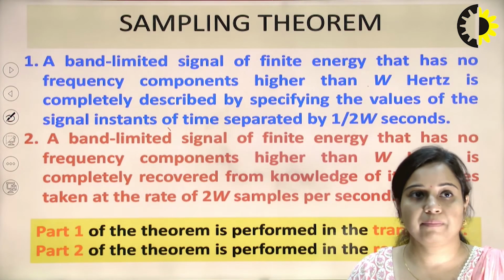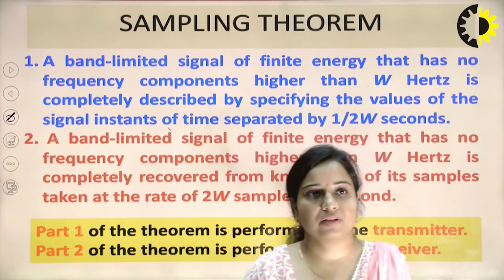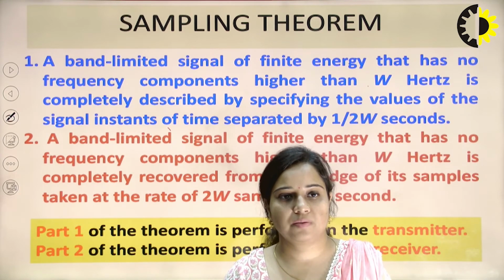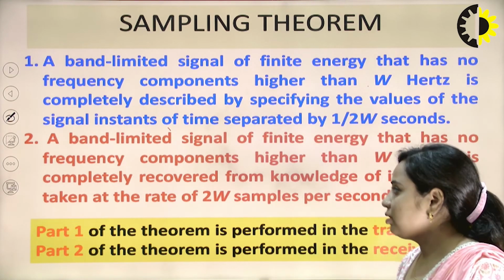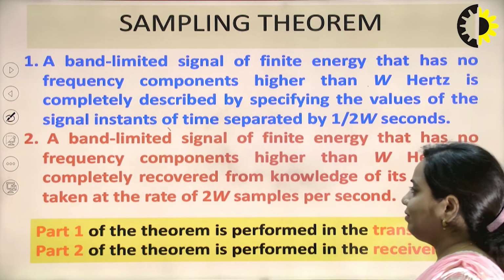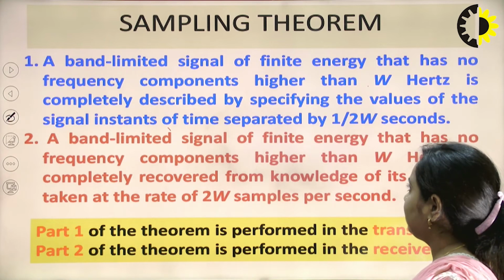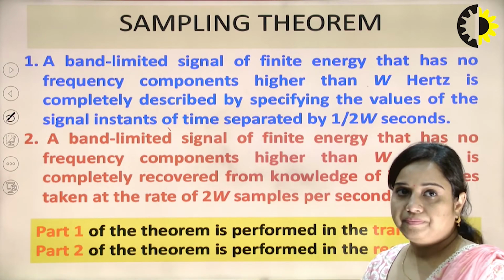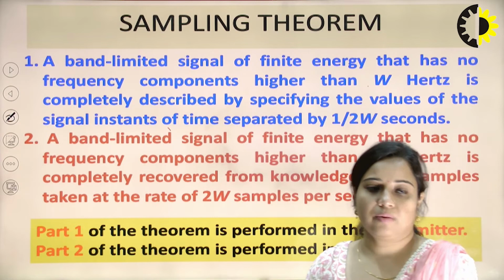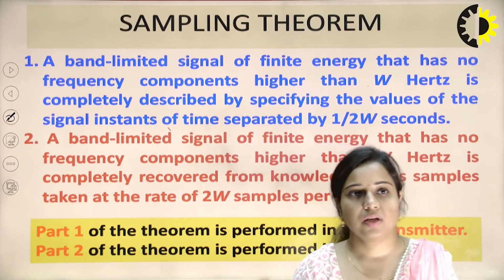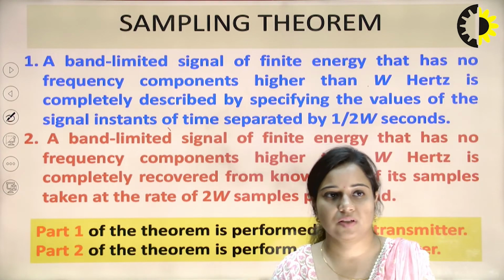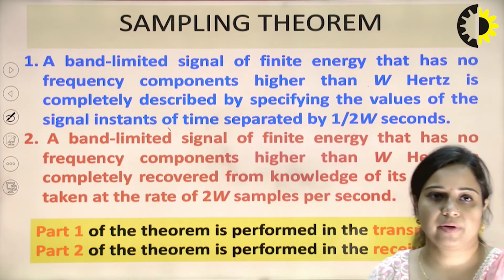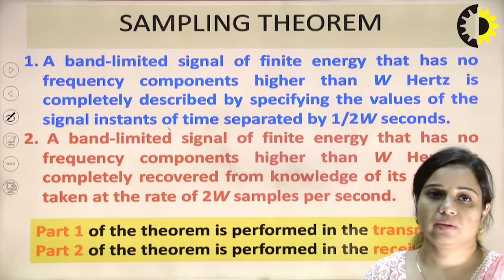Now next is the sampling theorem. This is the first operation in the analog to digital converter. In this case, two definitions are involved. A band limited signal of finite energy that has no frequency component higher than W hertz is completely described by specifying the values of the signal at instants of time separated by 1/2W seconds.